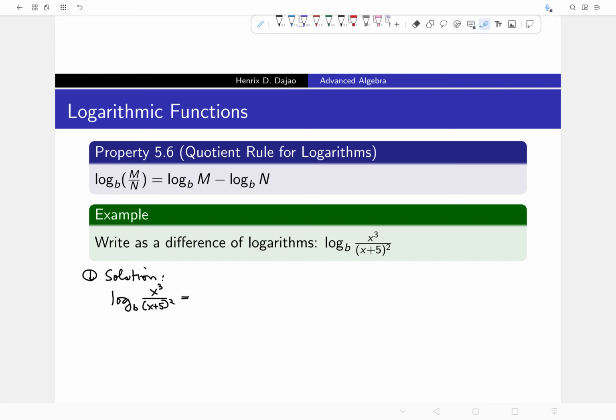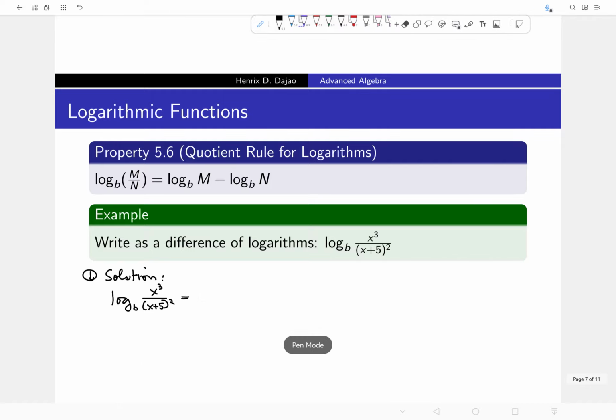As you can see, this one is m and this one right here is our n. So this is in this form, and we are ready to apply the property. It's really straightforward.